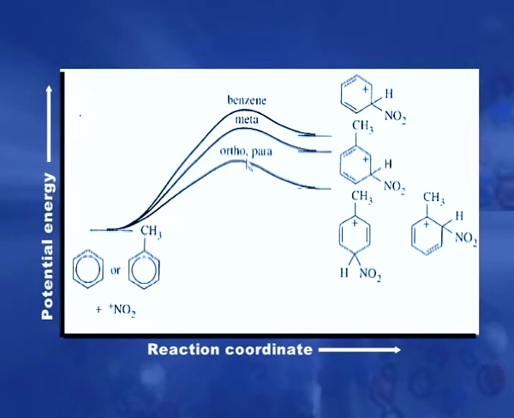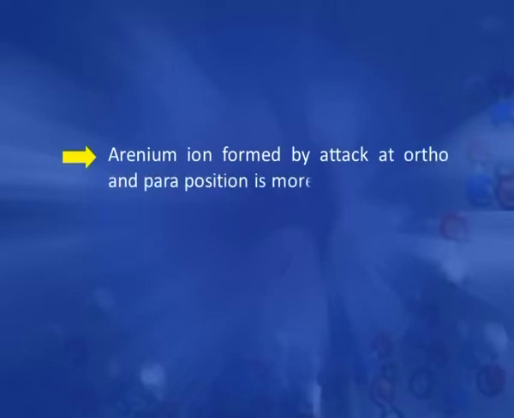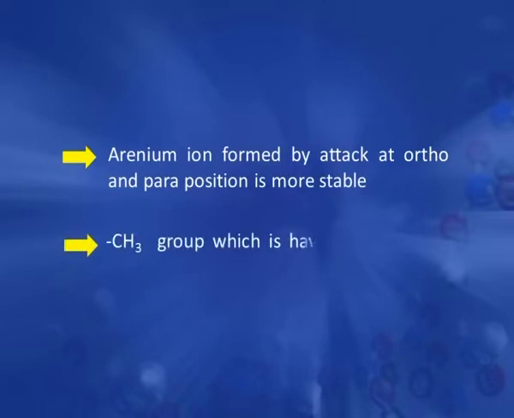And further, ortho and para are having less E activation as compared to meta, and this is only due to the more stabilization of the intermediate via the presence of a more stable resonating structure. So, thus we can say the arenium ion formed by attack at ortho and para position is more stable. So, the methyl group which is having plus I effect is an ortho and para director.